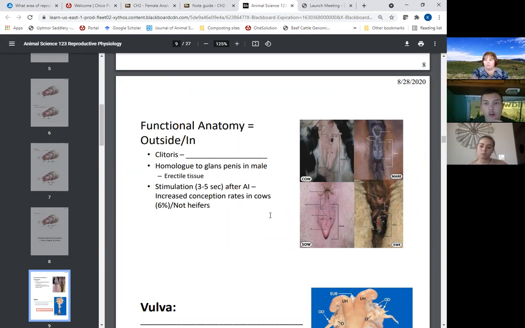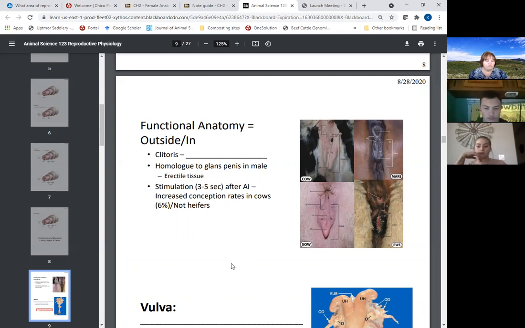And then we move through the vagina, the cervix, the uterus, uterine horns, oviduct, and the ovary. Okay, and all of those structures that are inside the body cavity are suspended in place by the broad ligament.